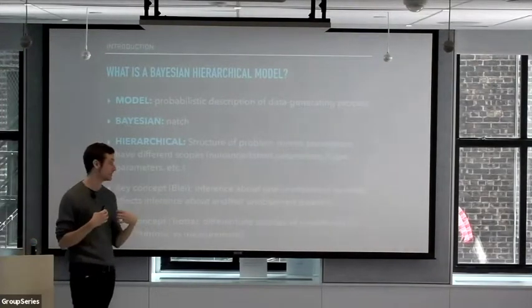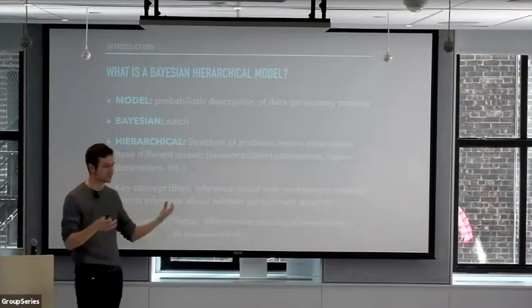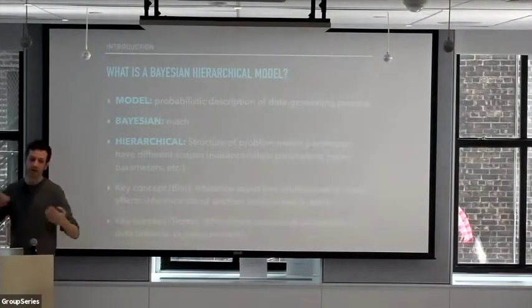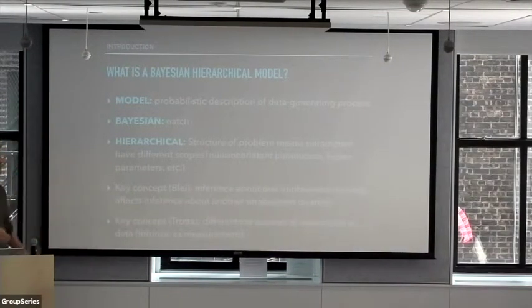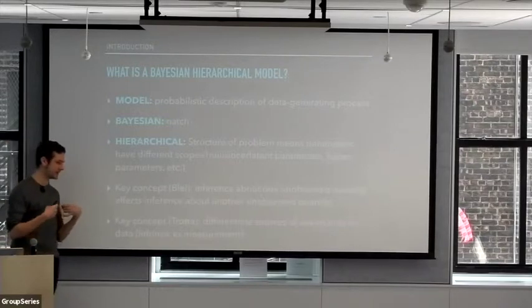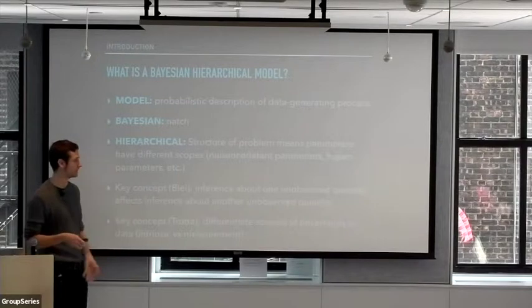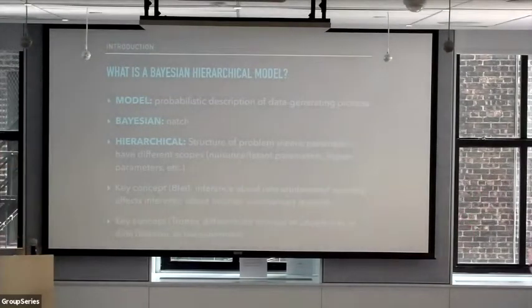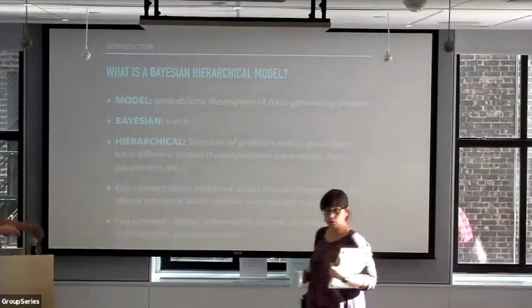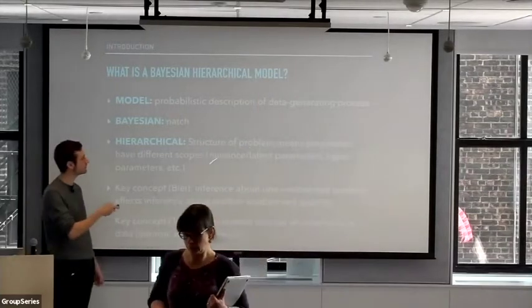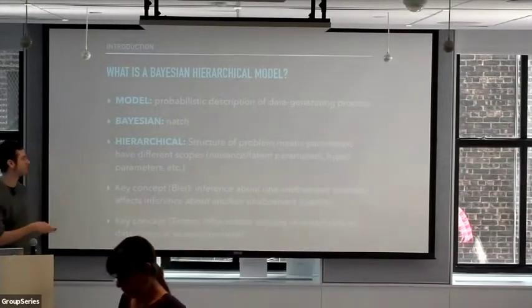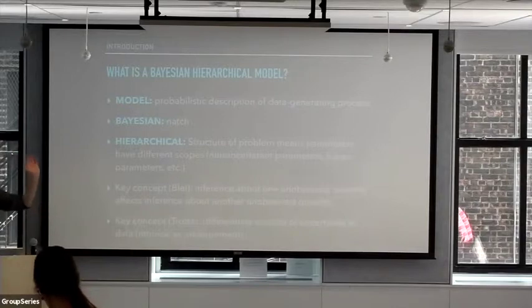You have parameters that describe groups of objects, groups of observations. And you have this hierarchical structure that, especially in astrophysics, naturally builds up. So you end up with things you might have heard of, like nuisance or latent parameters, hyperparameters, normal parameters, all of these things.